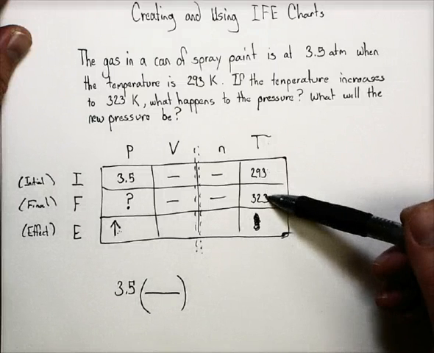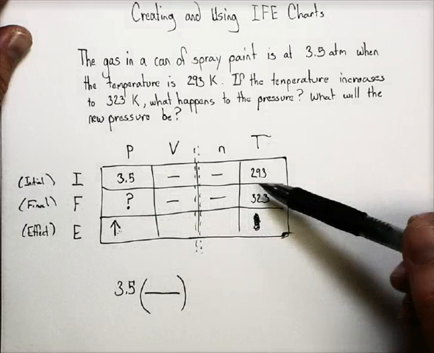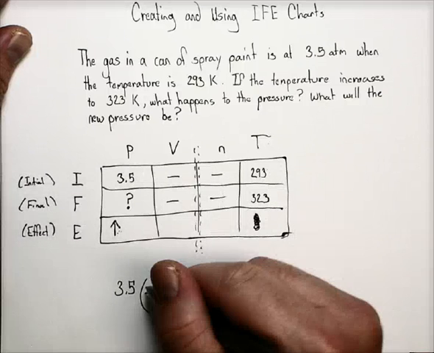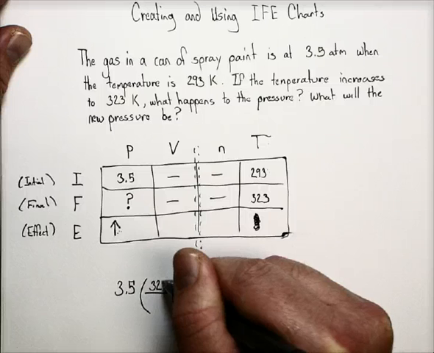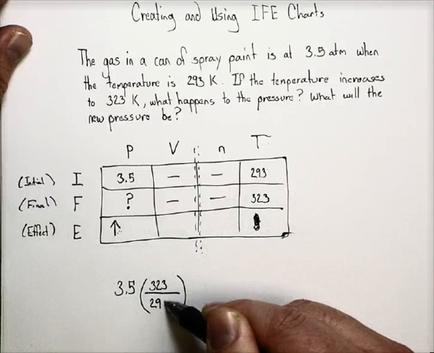And here's the way I figure this out. I know that pressure is going to go up, so I want the bigger of these two to be on top. So 323 goes in the top, 293 goes in the bottom.